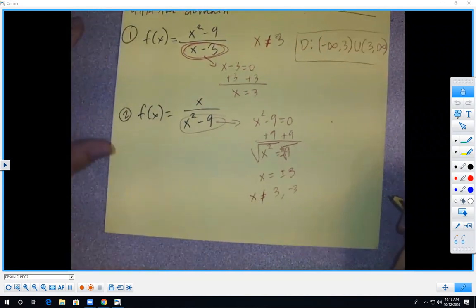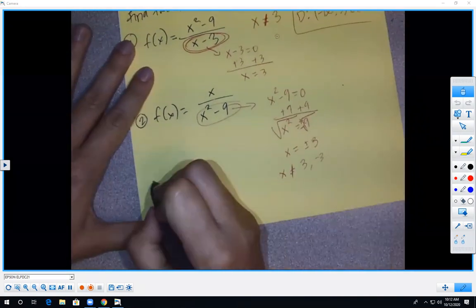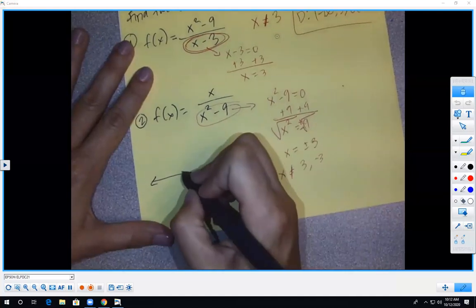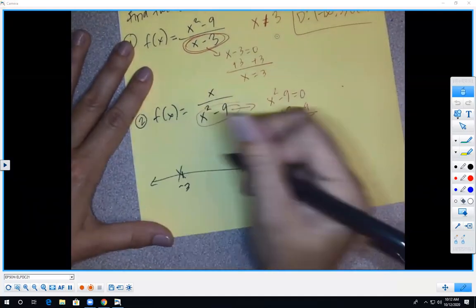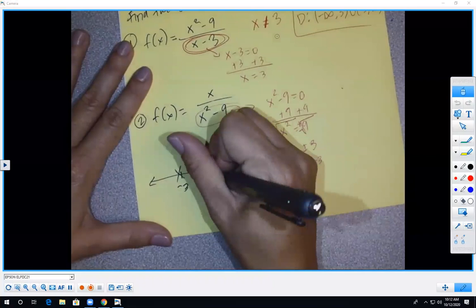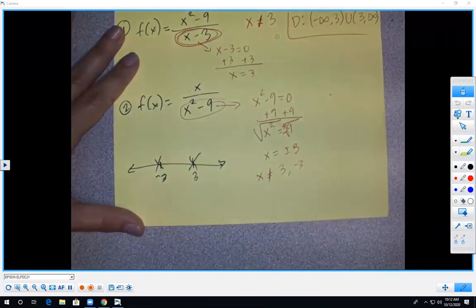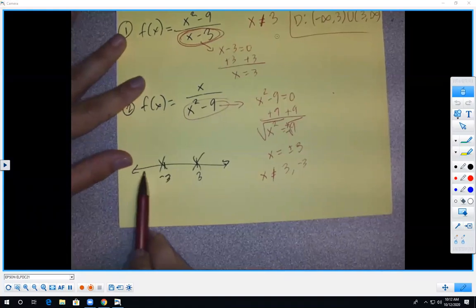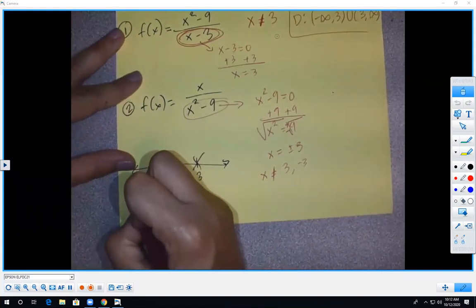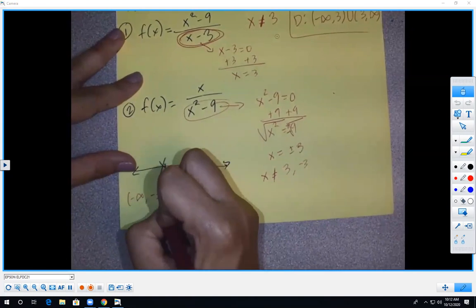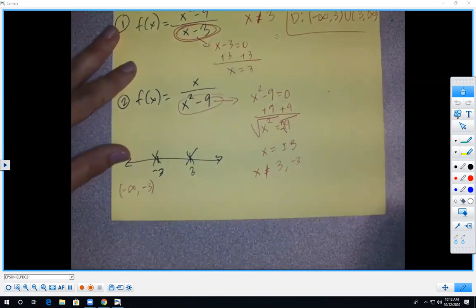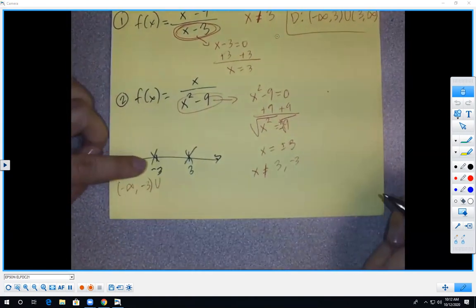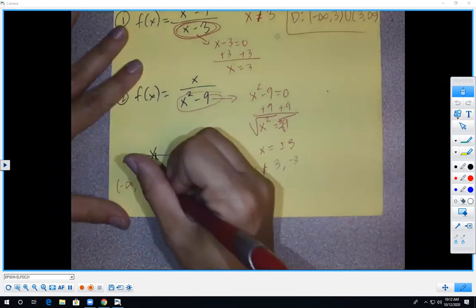So the way you would write your domain in interval notation here, it's kind of like the idea of at negative 3, I cannot have a number there. And at positive 3, I cannot have a number there, but I can have it anywhere else other than that. So you have to write 3 pieces for my interval notation. This first piece over here would be negative infinity to negative 3, not included. This middle piece would be from negative 3 to positive 3.